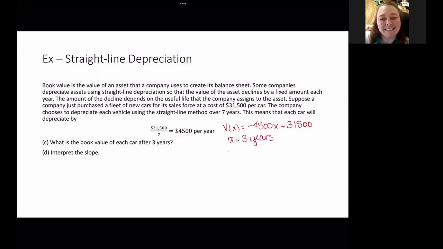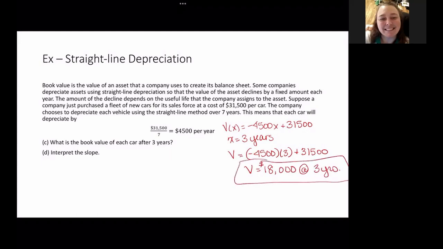So the value is going to be equal to minus 4,500 times 3 plus 31,500. We put that in our calculator. Our value is going to be $18,000 after 3 years. All we do is plug that in.